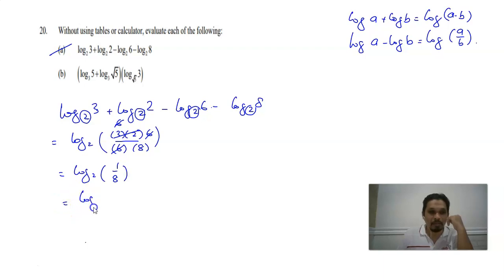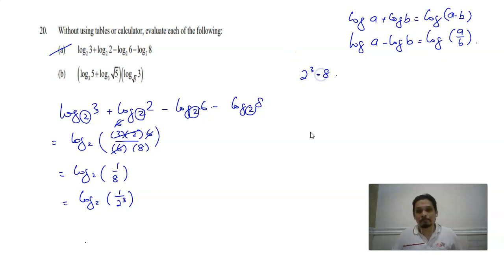Now log to the base of 2, 1 over 8. Recall, we can simplify it as 1 over 2 to the power of 3, because 2 cubed equal 8. So 1 over 2 cubed, then log base 2 of 2 cubed: bring the power above here, it becomes 2 to the power of negative 3, and bring this to the front, it becomes negative 3 log 2 to the base of 2.